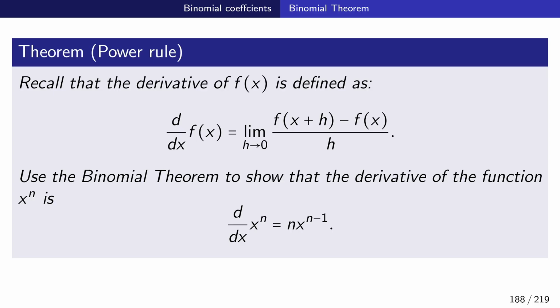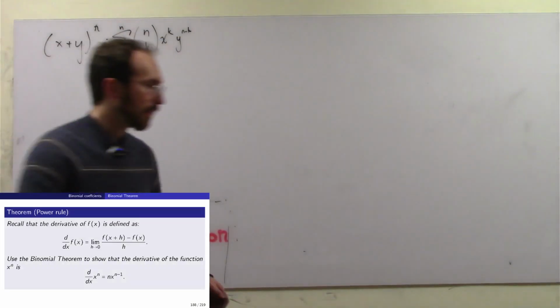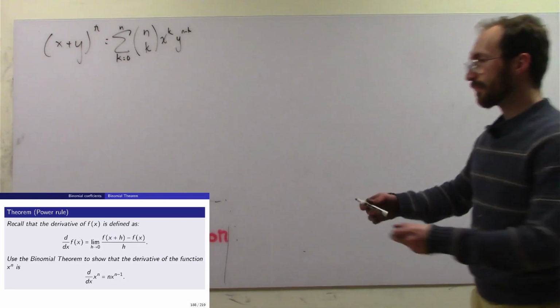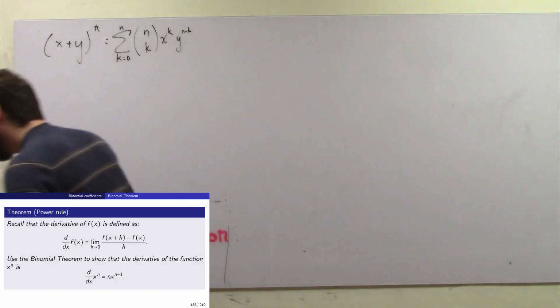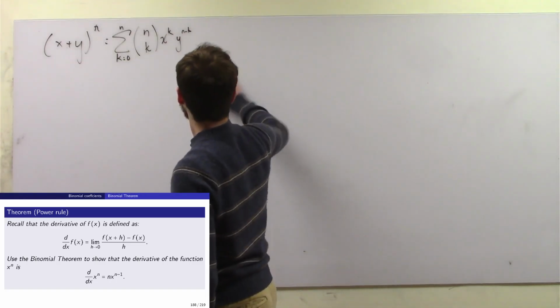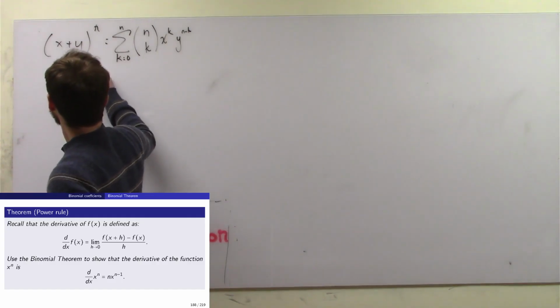So what am I going to do here? We're going to try and use the binomial theorem to prove this jazz about the power rule. So let's do it. I'm going to take the derivative of x to the n.